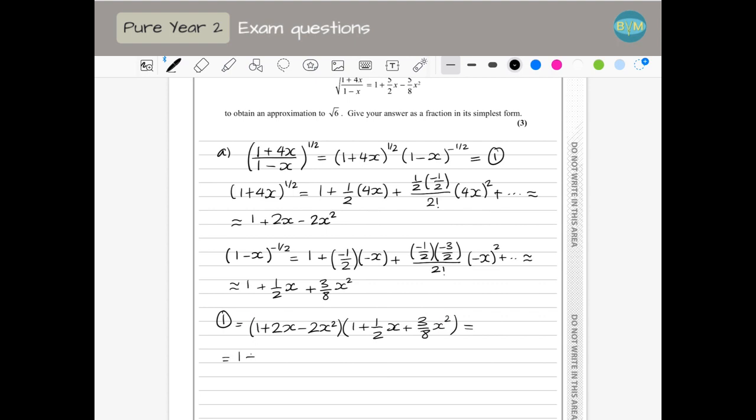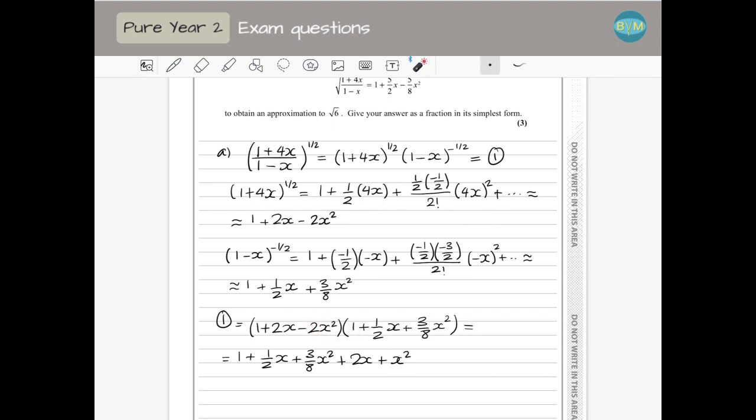So this is 1 plus 1/2 x plus 3/8 x squared. Then I multiply 2x by this and by this, but I don't need to multiply by this one because I would get x cubed, and I'm not interested in the x cubed. So 2x, and then 2x times 1/2 x is x squared only.